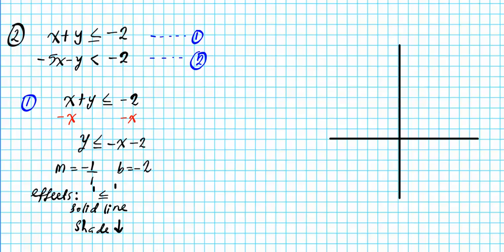So we're going to start with our y-intercept, okay? Y-intercept for this line is -2. So we're going to rise -1, and then run 1, down 1, okay? So those are the points that define our line. It's a solid line that we're going to be shading downwards, all right? So let's go ahead and draw that line.